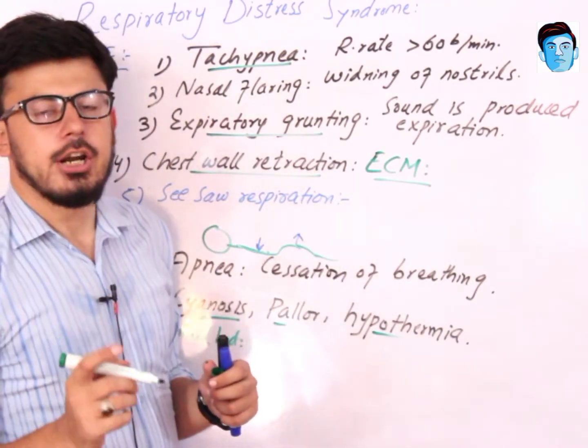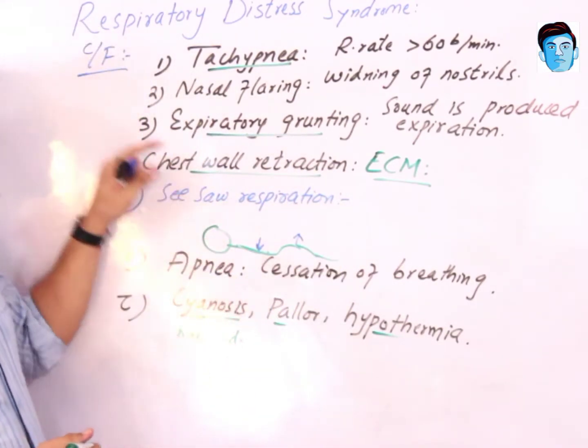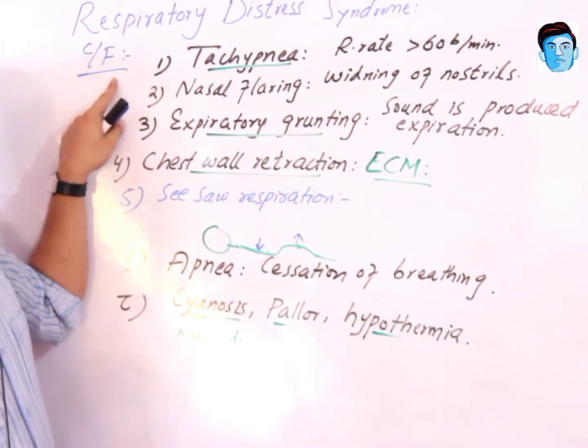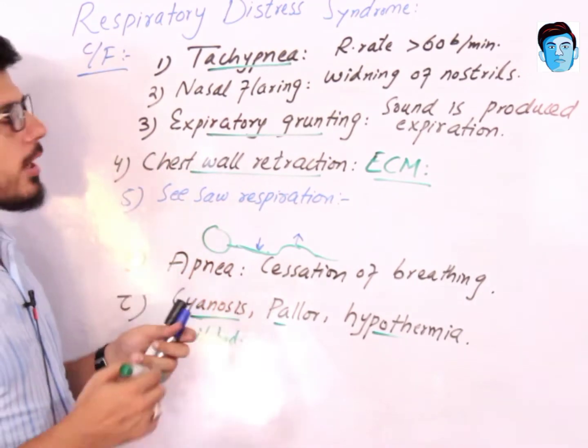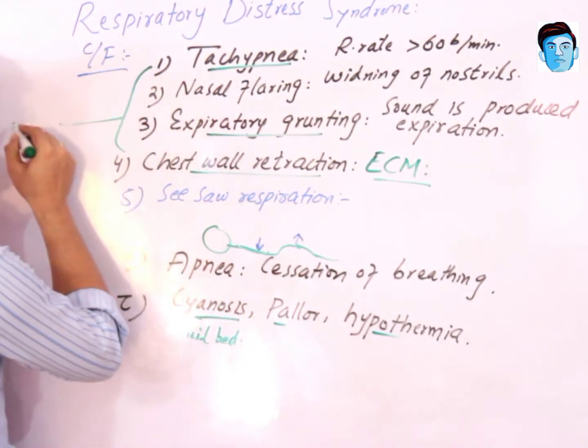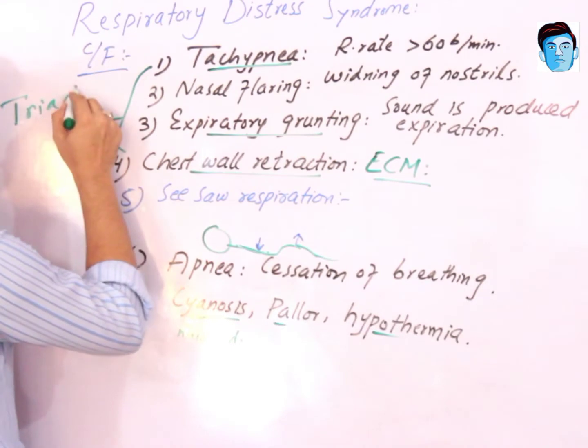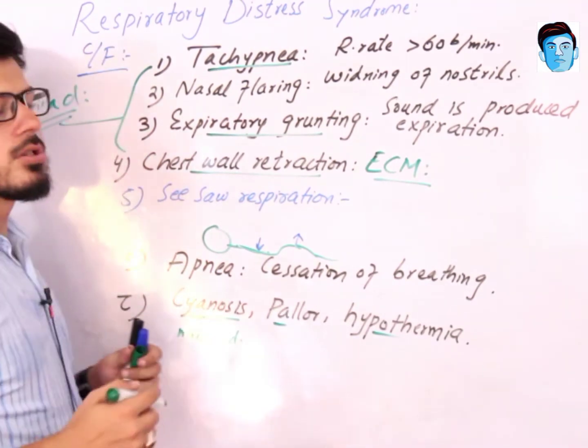So what is the triad of RDS? The triad of RDS is tachypnea, expiratory grunting and chest wall retraction. So this is the important triad of RDS. Now this is all about certain important features.